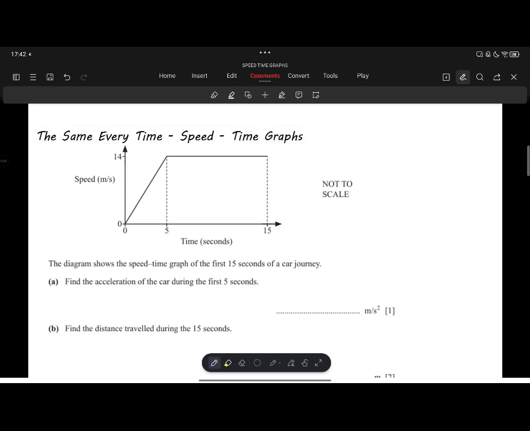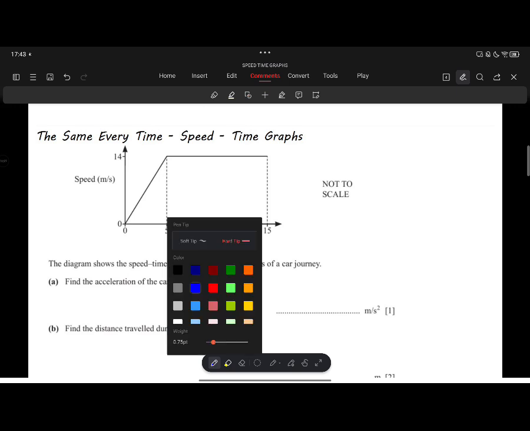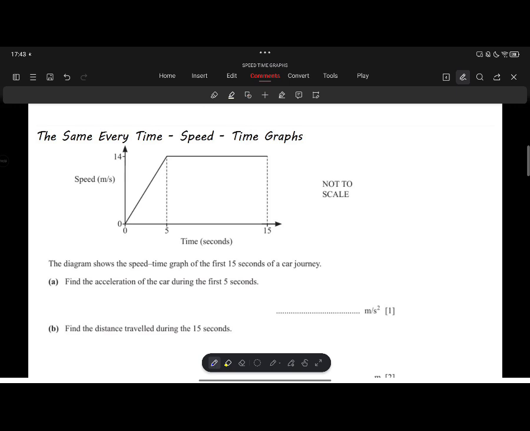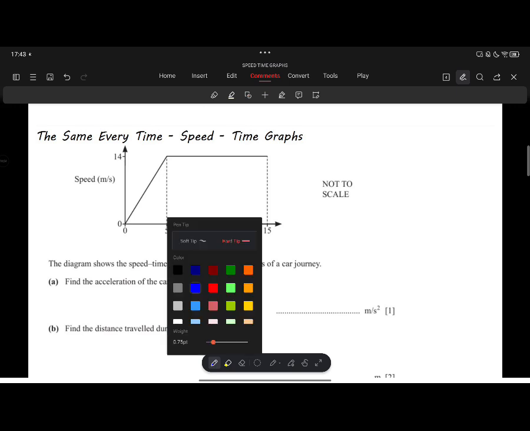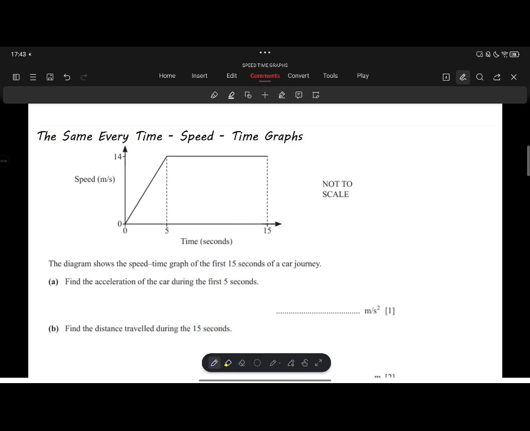So in this question then, find the acceleration of the car during the first 5 seconds. What we need to know is that acceleration is given by the gradient. So the acceleration, I'll write it down here. So acceleration on a speed time graph is given by the gradient.